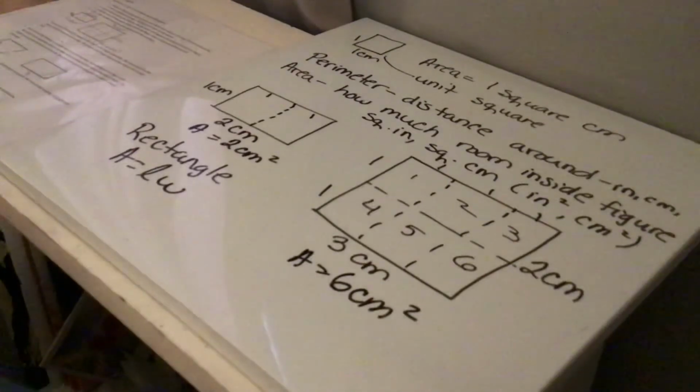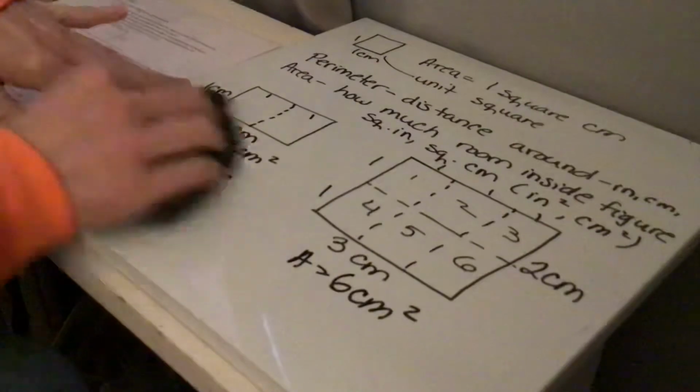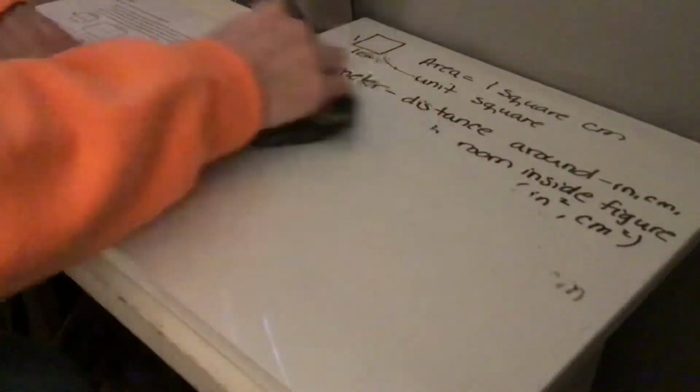Okay, so we can also look at a parallelogram, and a parallelogram kind of just looks like a rectangle on a slant. Okay, it just says that opposite sides are parallel. So we can look at a parallelogram much in the same way.